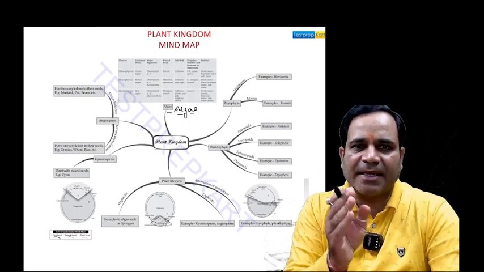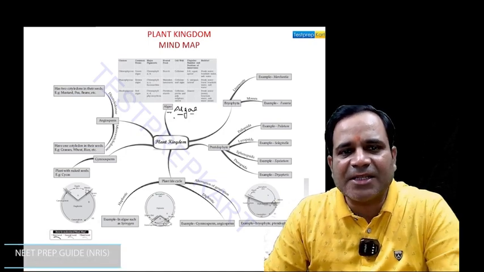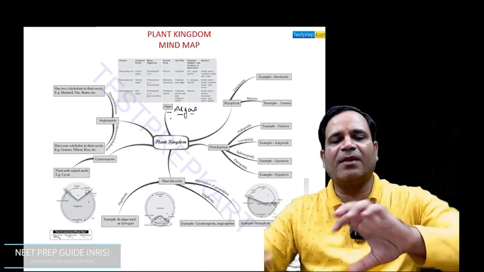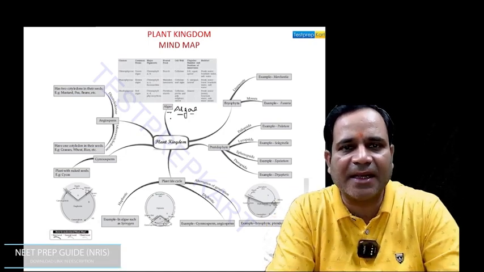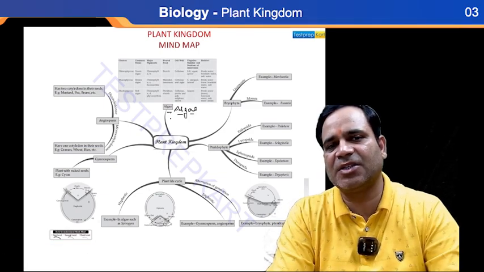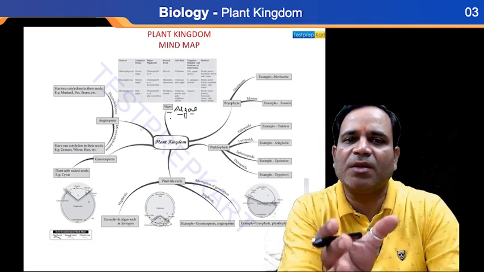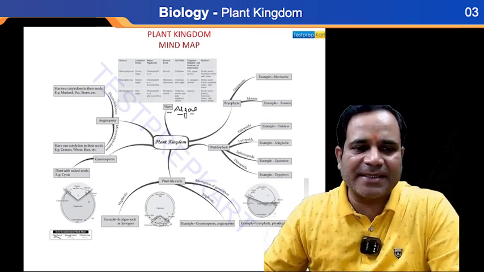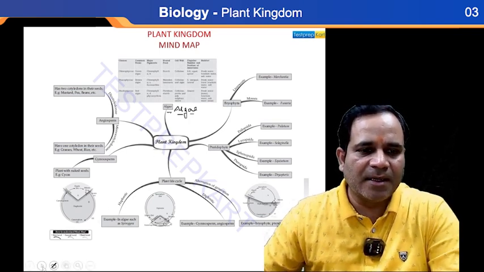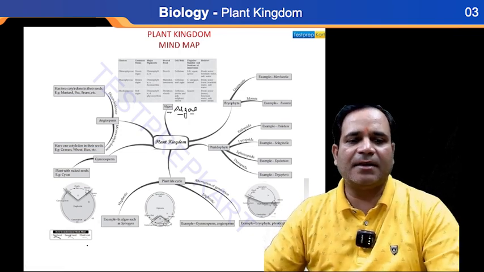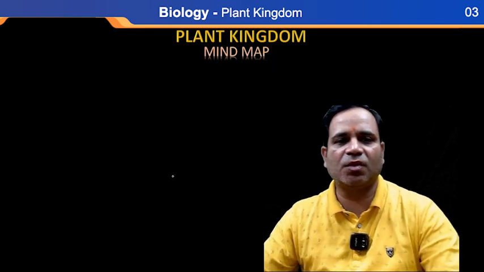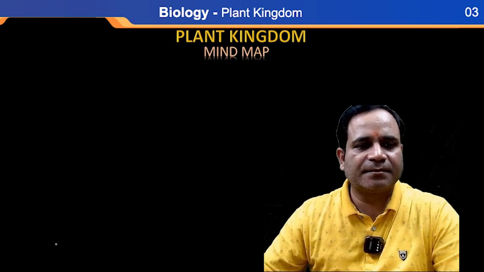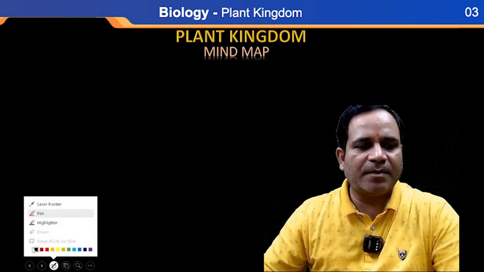Correct? So here I'm going to tell you about the classification given here, and that classification is how the mind map is built. Let's see it in a slide. In the next slide I'm going to show you how. Wait for a moment.